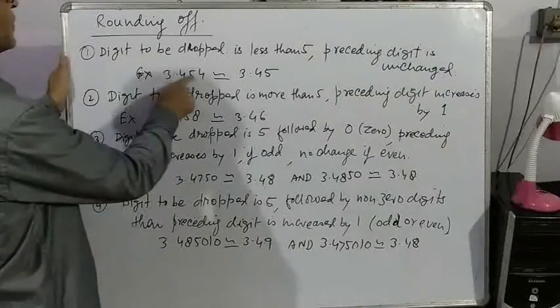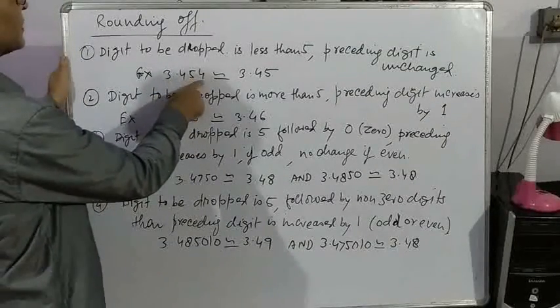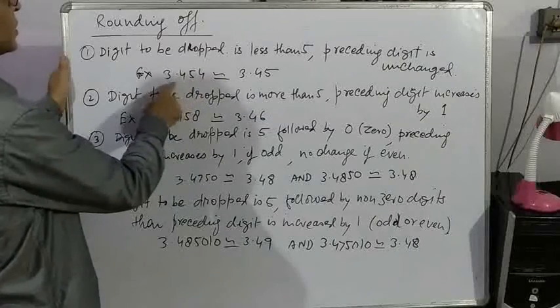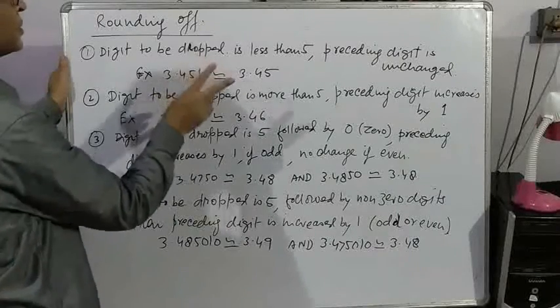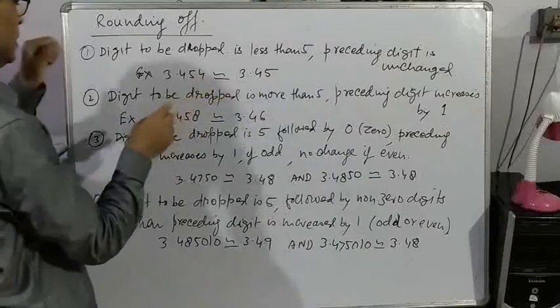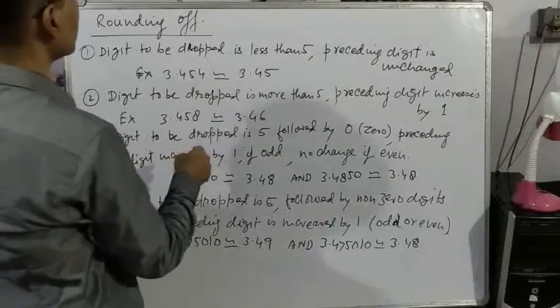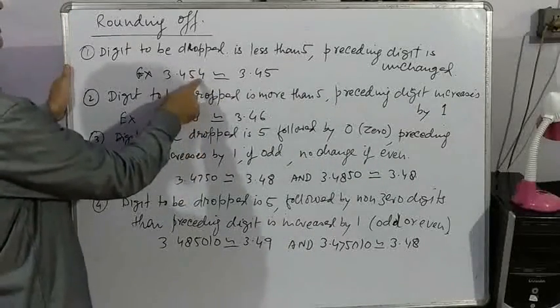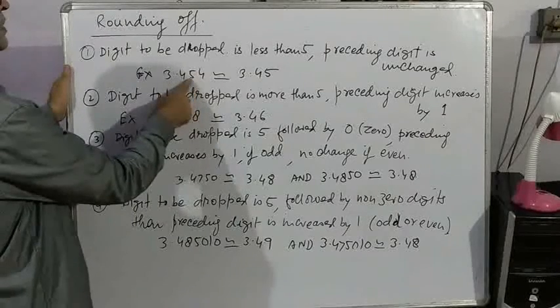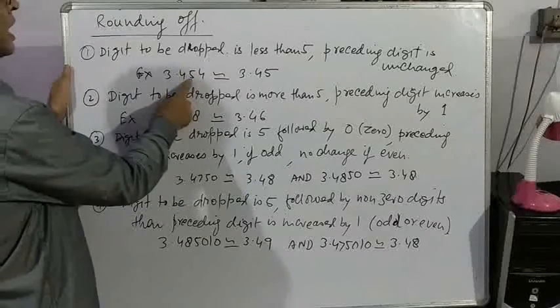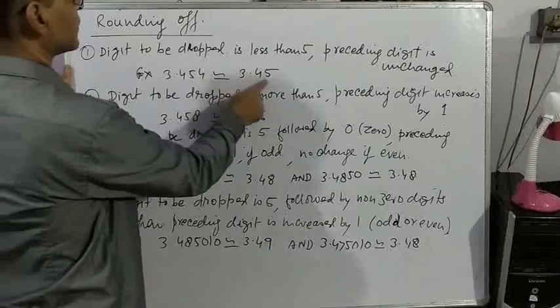Example: 3.454, and you want to round off this value up to 2 decimal places. This value is less than 5, so 5 remains unchanged and rounded off value will be 3.45.